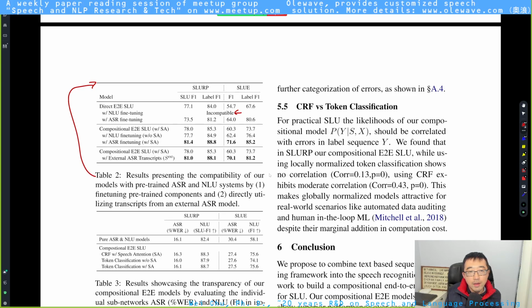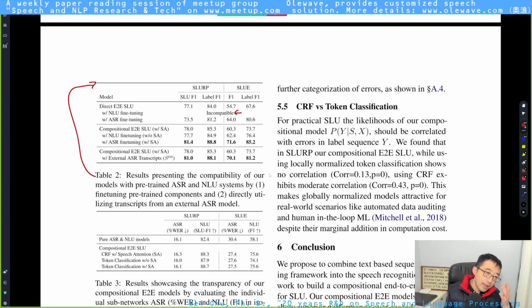That means, okay, suppose they try the direct end-to-end SLU, they can just fine-tune the ASR part. But that might be some way of just updating the encoders of the ASR or decoders of the ASR. Is that what they meant?